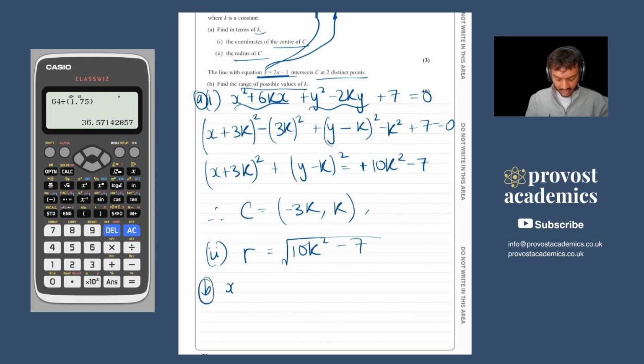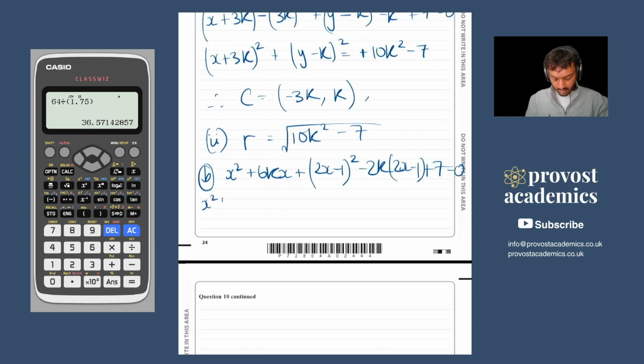So that will be equal to x squared plus 6kx plus y squared, where y is now 2x minus 1, so (2x minus 1) whole squared, minus 2ky, which is 2k times (2x minus 1), plus 7 equals 0. So let's simplify all this. So I get x squared plus 6kx plus 4x squared minus 4x plus 1, minus 2k times 2x, that will be 4kx, plus 2k plus 7 equals 0. So now let's gather all the like terms, so the x's.